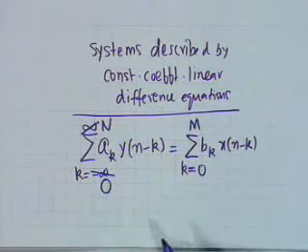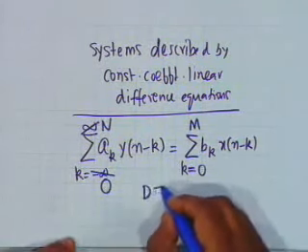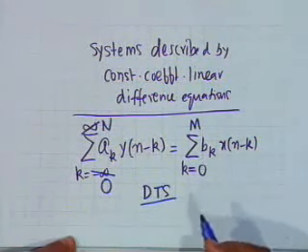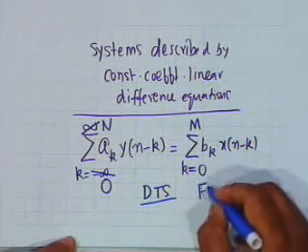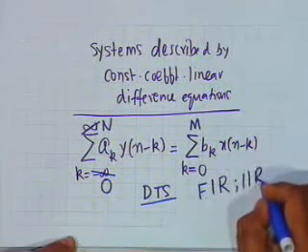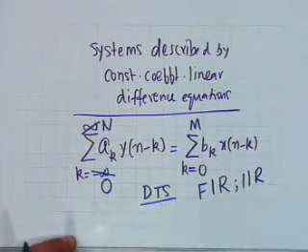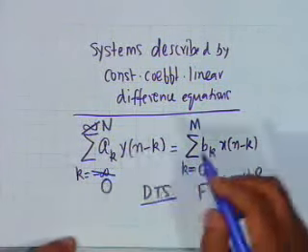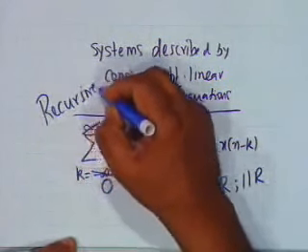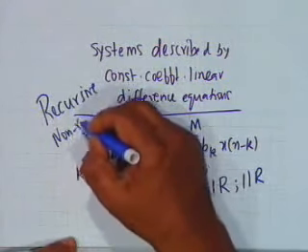This is the general difference equation describing a discrete time system, and in the context of this we have already introduced the terms FIR and IIR, finite impulse response and infinite impulse response, and also the two terms recursive and non-recursive.